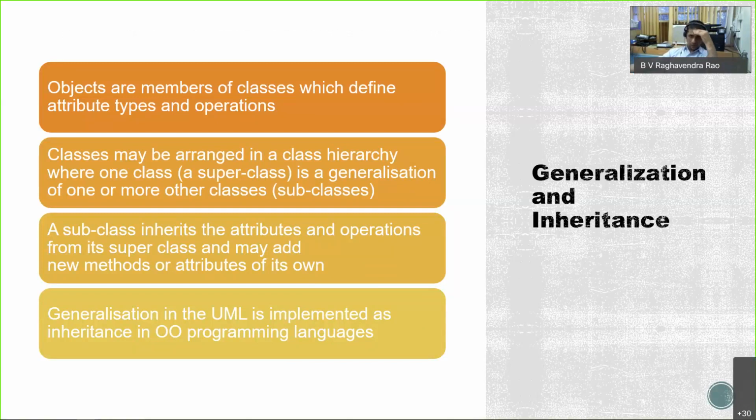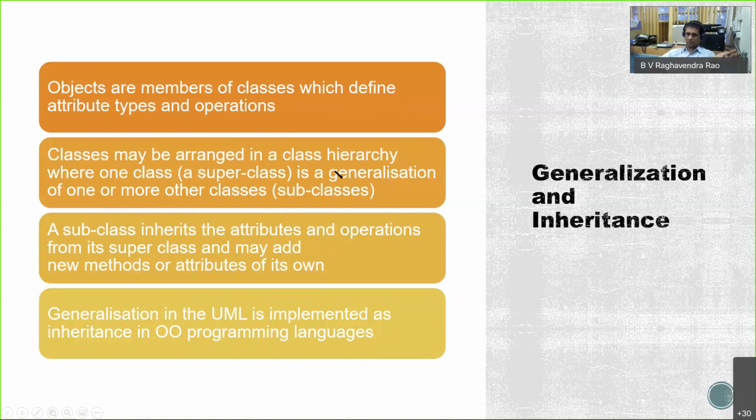Now we have seen inheritance. The terminology used by software designers or software engineering people is generalization. They don't use the term inheritance. Inheritance is a feature available in programming languages, but the terminology used is generalization. Objects are members of classes which define attribute types and operations. Classes may be arranged in a class hierarchy where one class is a generalization of one or more other classes.